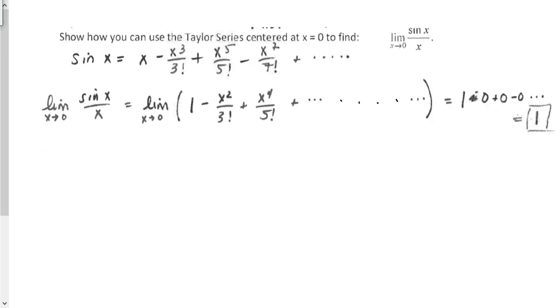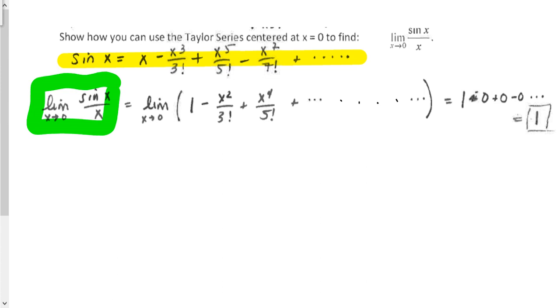Okay, so at the top of this, you can see in my work that I just wrote out what sine was. Then I go through taking the, this is actually what the question was, this part here. Now I go through term by term by term and divide by x, I get 1. Divide by x, the x cubed becomes x squared. Divide by x, the exponent goes down by 1.